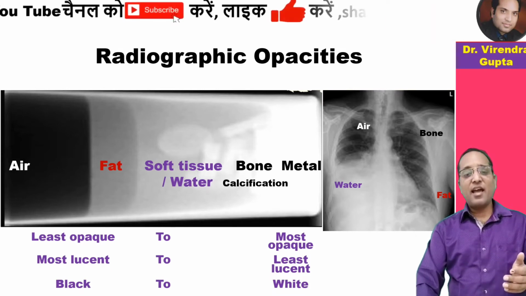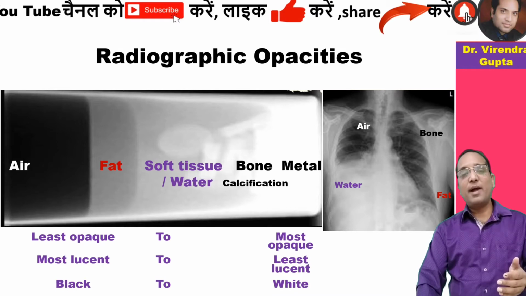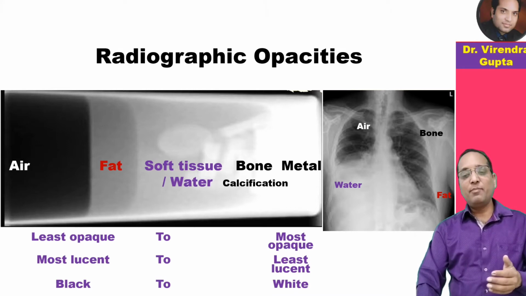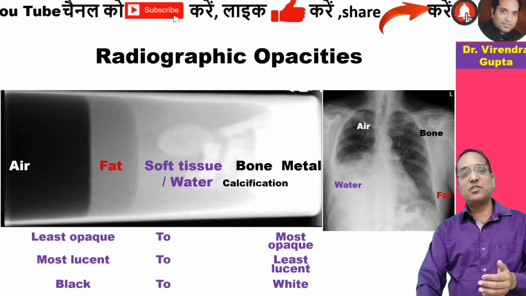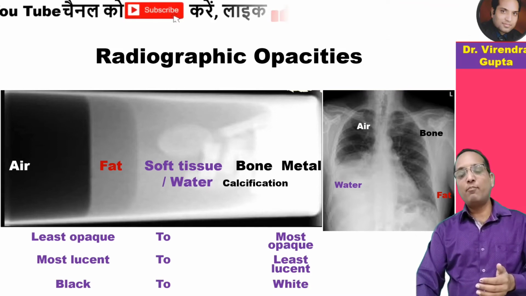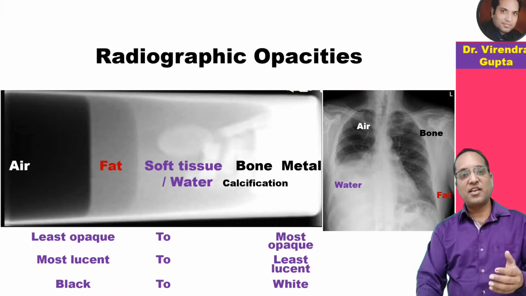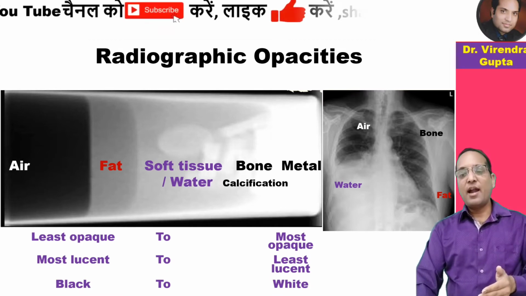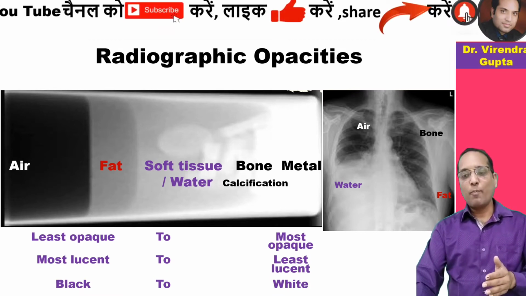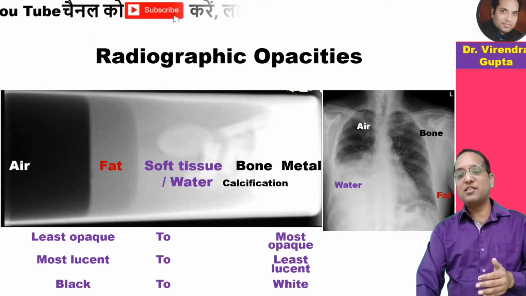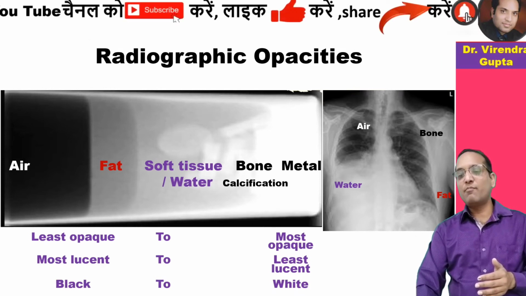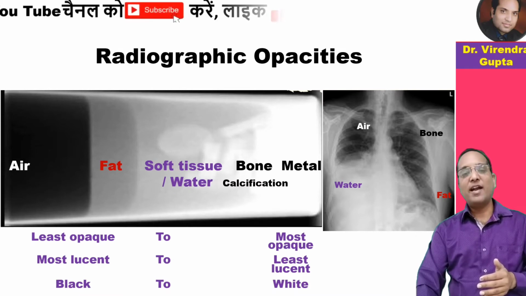Black is the air and most white is the metal, and in between, fat is brownish black, soft tissue is whitish brown, and bone and calcification are opaque, and metal is also white or opaque. In this chest X-ray, you can see the air is black, water is some brown, fat is some brown, and bones are white shadows.